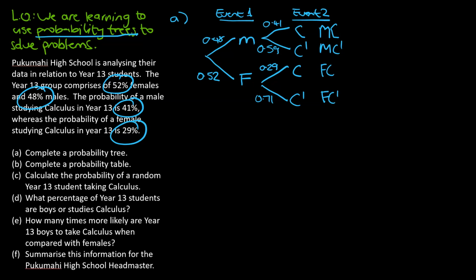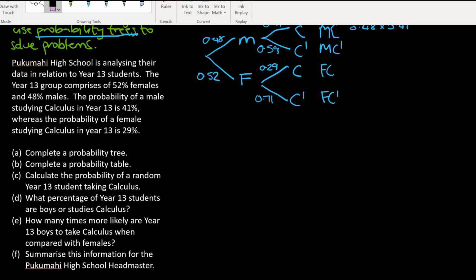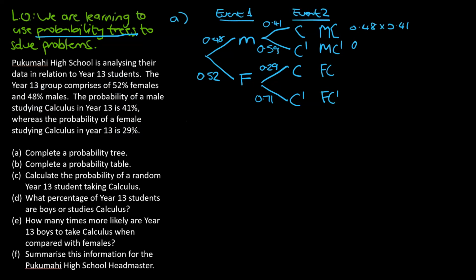From there, we can find the probability of each branch: 0.48 times 0.41, then 0.48 times 0.59, then 0.52 times 0.29, and then 0.52 times 0.71.